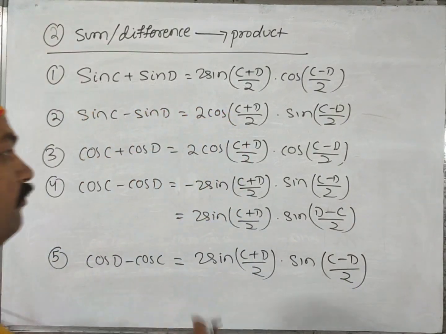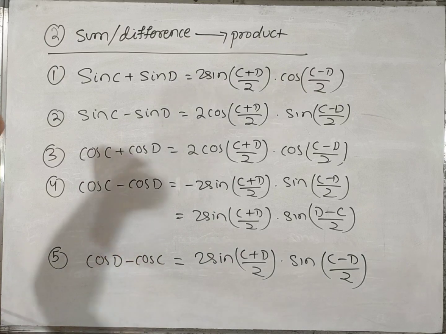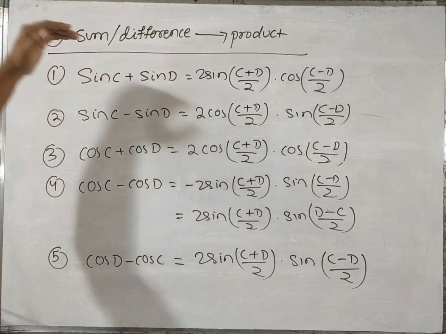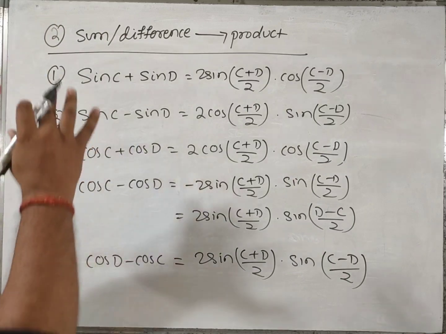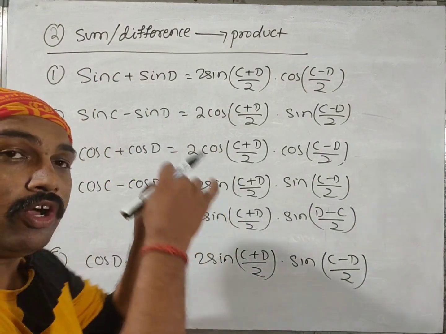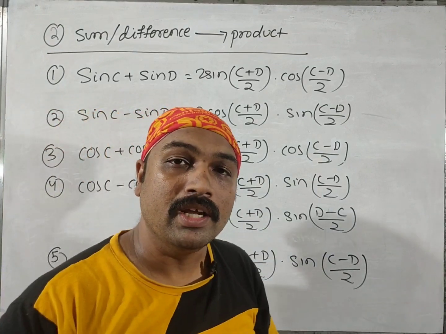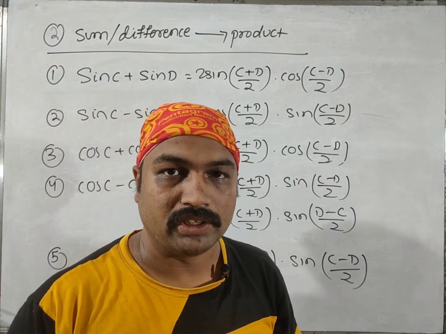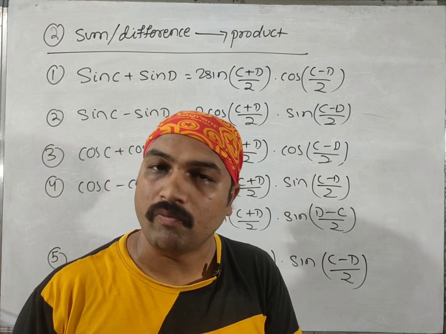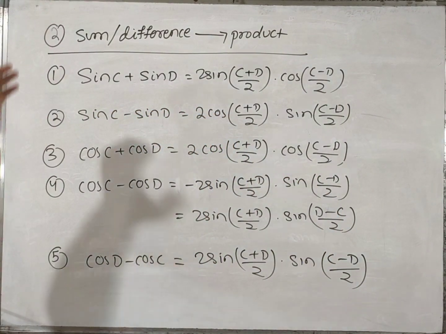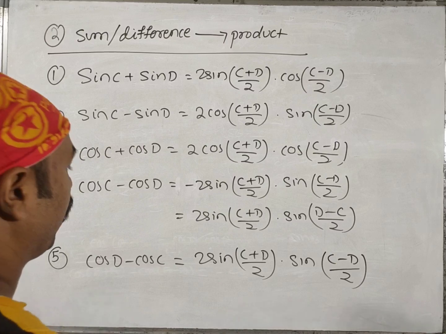Here are the 5 formulas based upon the second type of transformation formula, sum or difference to product, and we have to prove these 5 formulas by using the type 1 formulas. So let us prove these 5 formulas one by one.